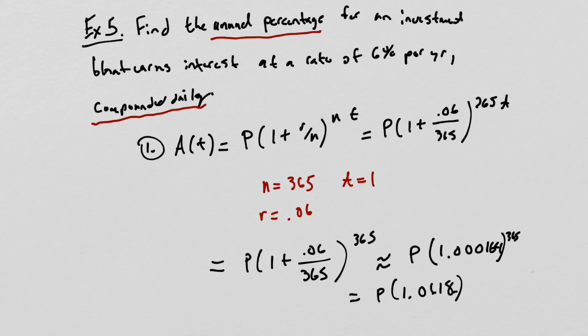Let me go ahead and start a new page. What we found was that our A of t is equal to P times 1.0618. Recall the thing that we're looking for is the annual percentage for an investment. This is going to be given to us equivalently by our simple interest formula.